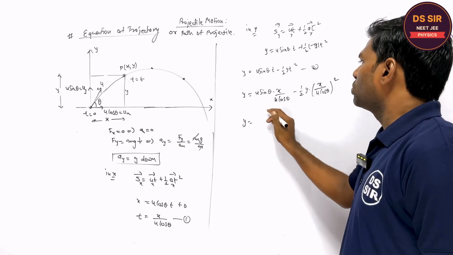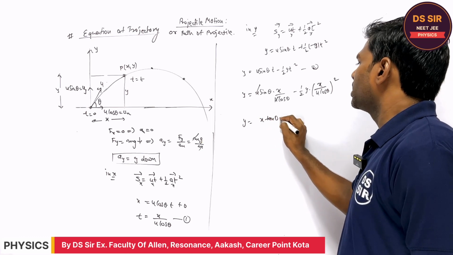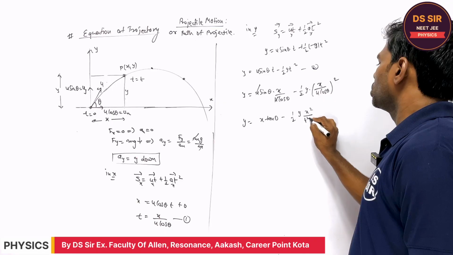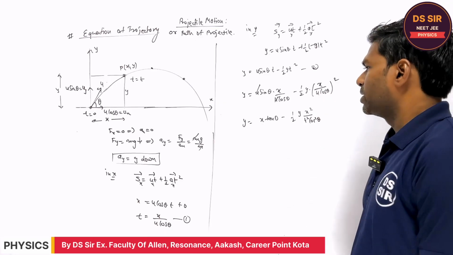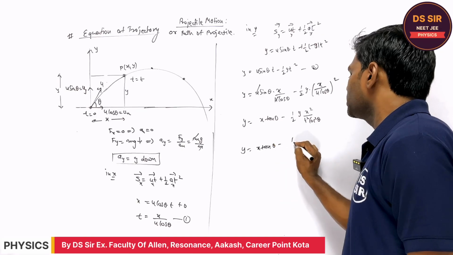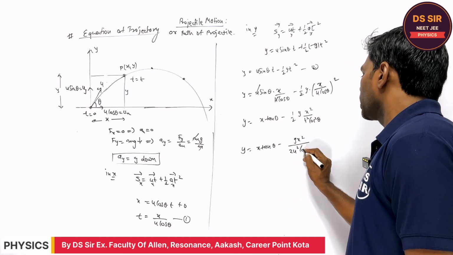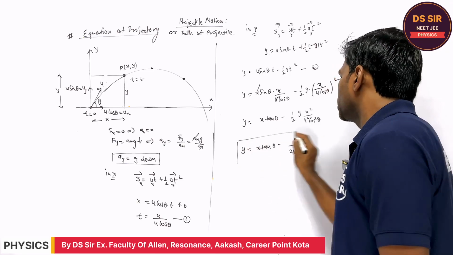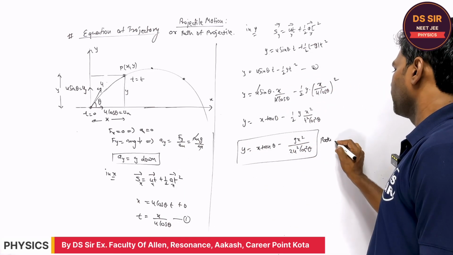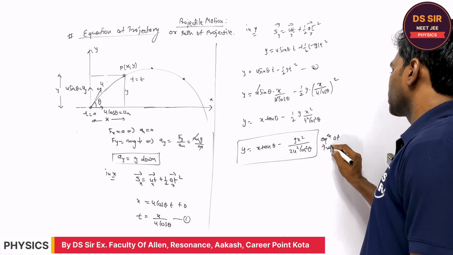So y is equal to, you will cancel out sin upon cos, this is x tan theta minus half gx square upon u square cos square theta, right? So y is equal to x tan theta minus gx square upon 2u square cos square theta. So this is the path of the projectile, or the equation of trajectory you can write, equation of trajectory.